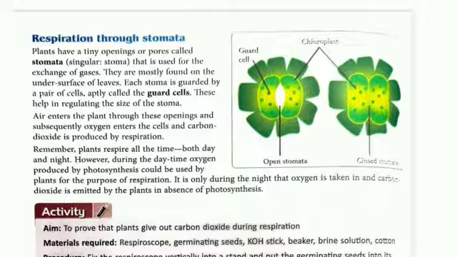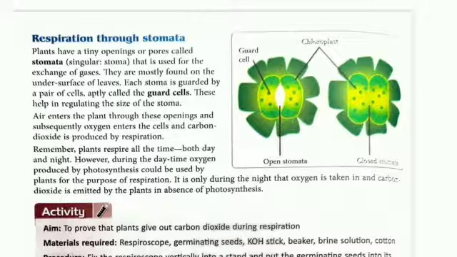In a plant, there are two processes occurring side by side. Respiration occurs through day and night, where the plant is taking in oxygen and exhaling carbon dioxide. On the other side, in the presence of sunlight, photosynthesis is also occurring.